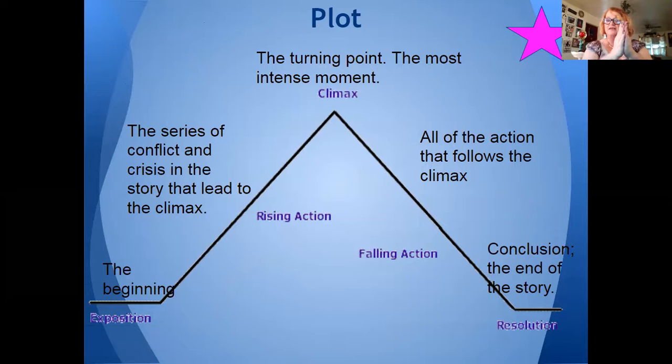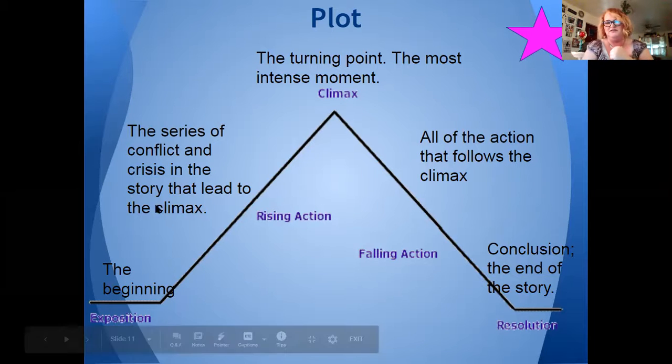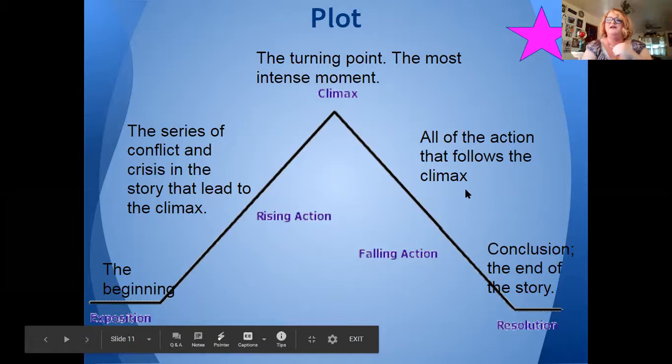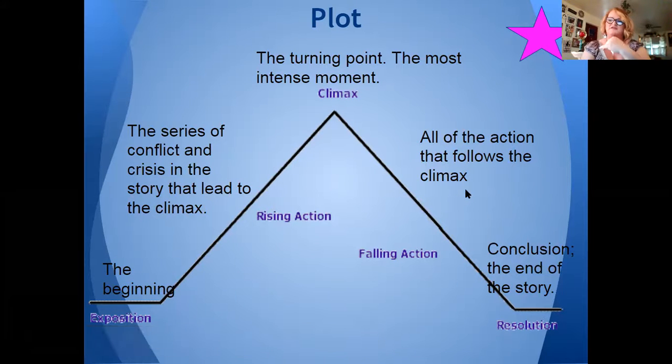Our climax is the meat of the story, the most exciting part, when everything comes together and explodes and makes this big deal. That's your climax. And then you start your falling action, so down over here. It's the things that resolve themselves and turn the rest of the story to finish the story. And then, of course, your conclusion is your resolution.